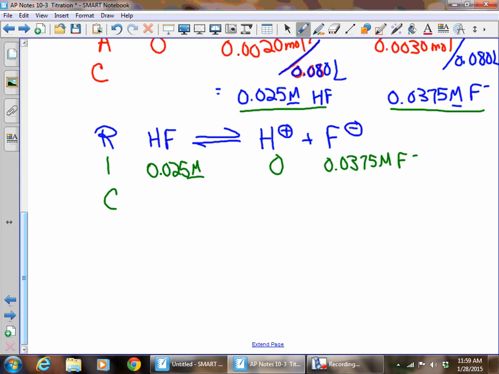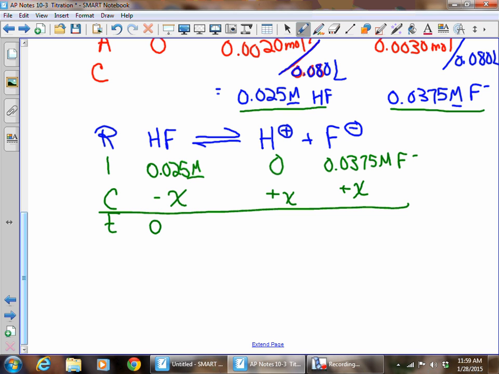So our change is going to be minus X, plus X, plus X. And I end up with, for my equilibrium concentrations, 0.025 minus X, X, and 0.0375 plus X.